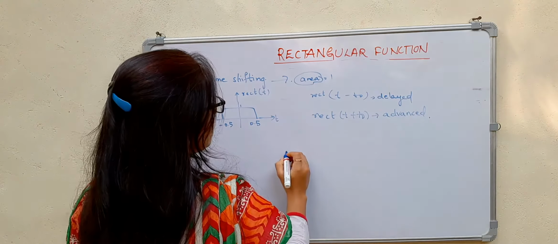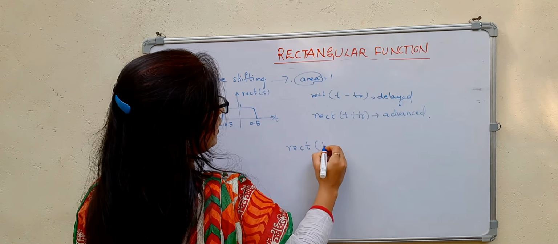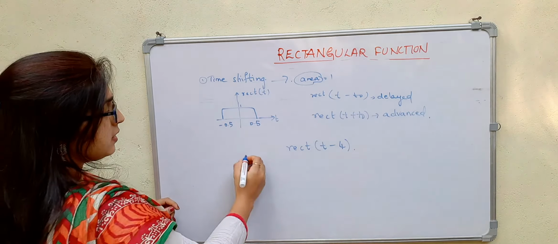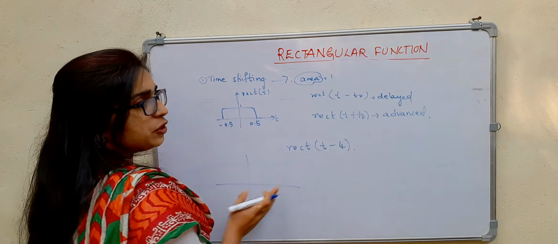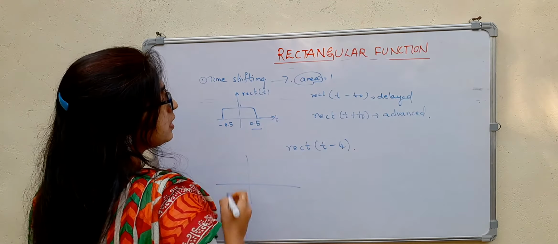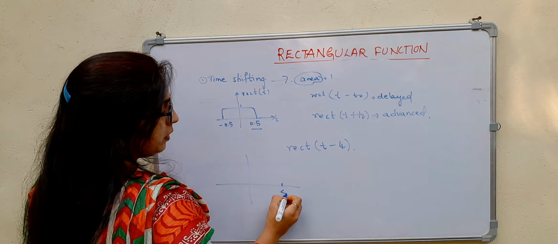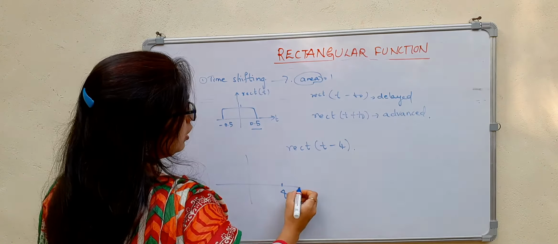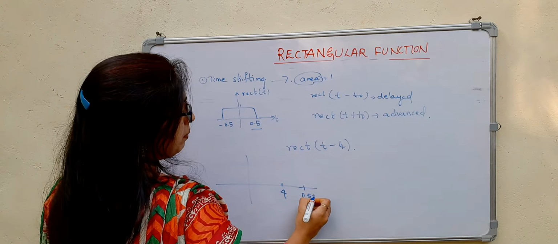So next let us consider an example, rectangular t minus 4. In this case it is shifted towards the right by 4 units. 4 units means here it will be centered at 4, right? It will be centered at 4. What is this? It is 0.5 plus 4.